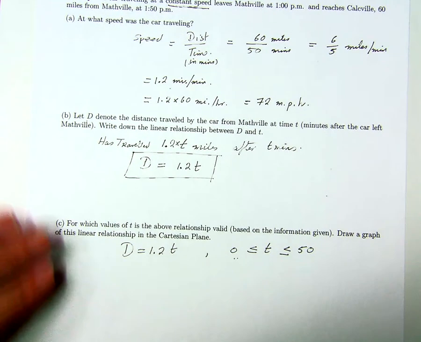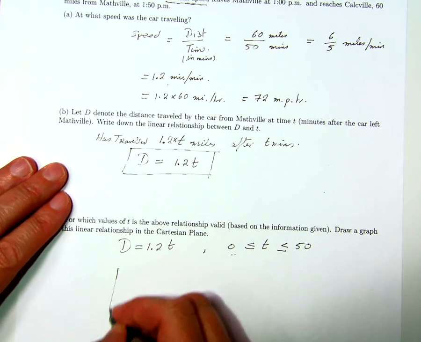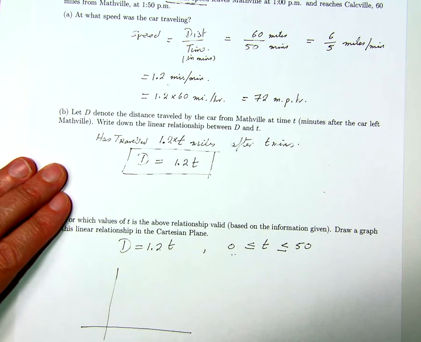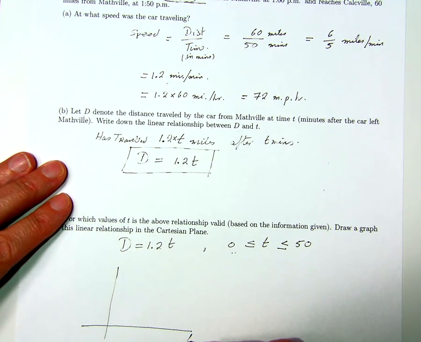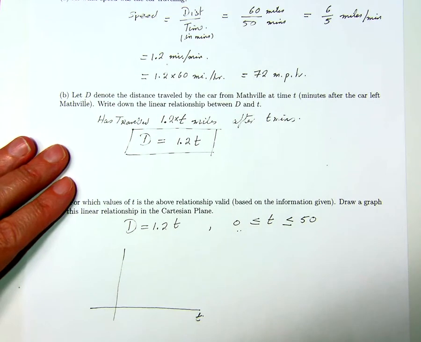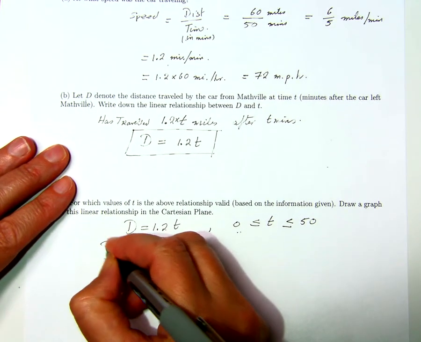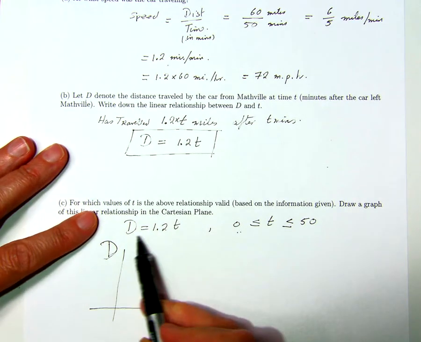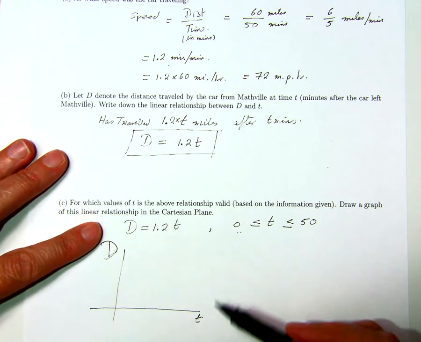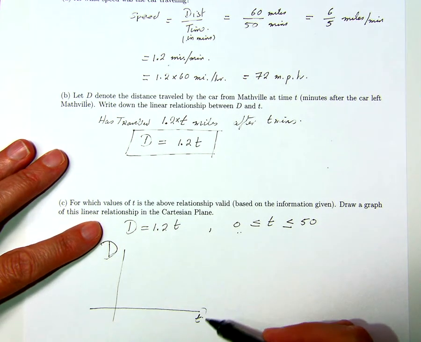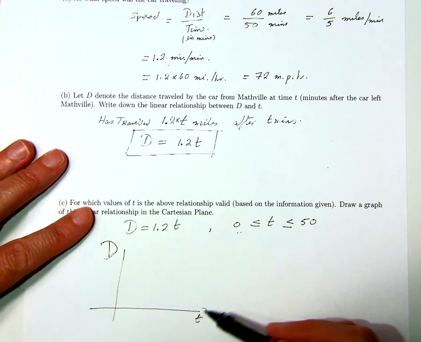And we can draw a graph. This line is going to go through the origin. We're talking about a relationship between d and t, so we label our vertical axis as d, which is our dependent variable, and our horizontal axis is t, which is time.